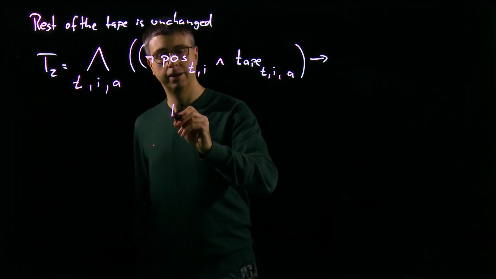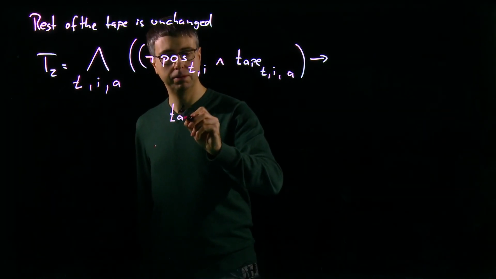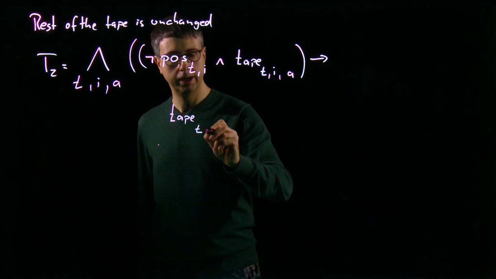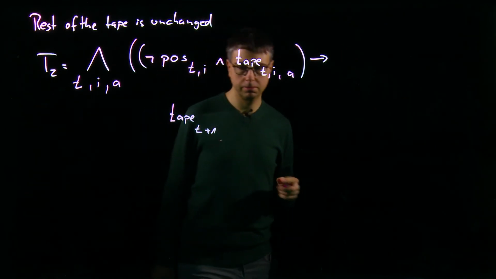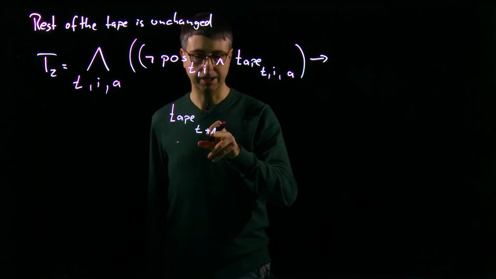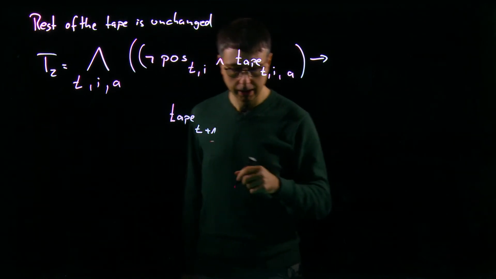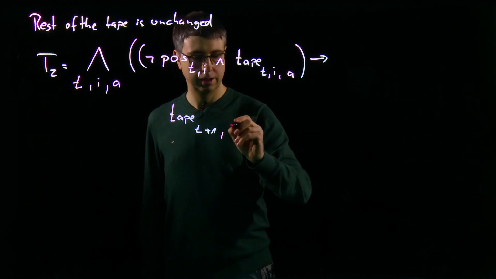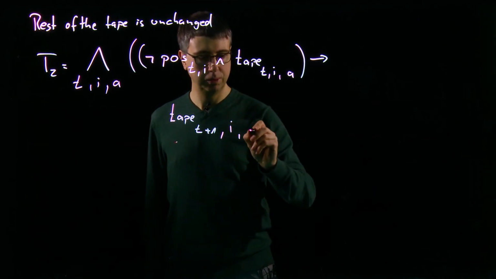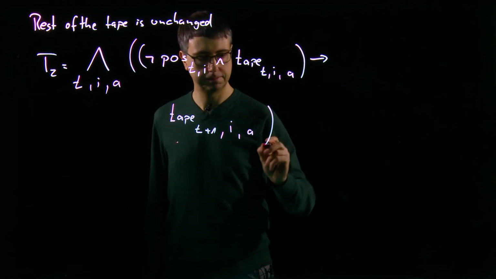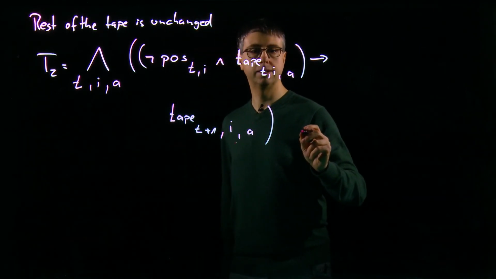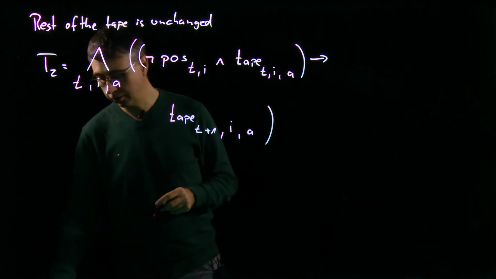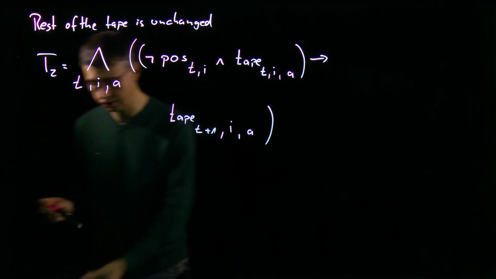So then, on the tape at the next step, so at position in time t plus 1, in the same position I, we still have the letter A. And this specifies that the tape for all the other positions is unchanged.